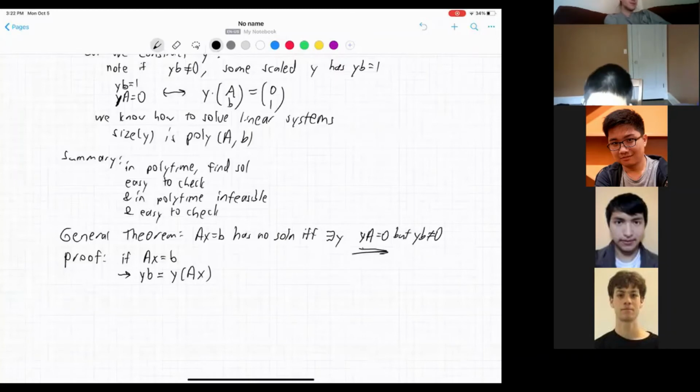I'm saying if AX equals B does have a solution, I'm going to show that there's no Y which works.